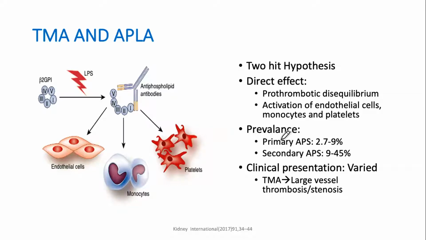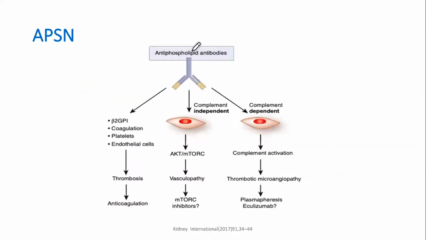Usually, it is of two types: primary APS, which is relatively uncommon, and secondary APS, which occurs in the setting of underlying autoimmune diseases and is relatively more common. The clinical presentation varies with the type of vessel involvement, that is large vessel stenosis or thrombosis, or small vessel involvement manifesting as TMA.